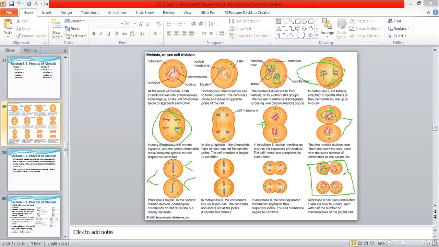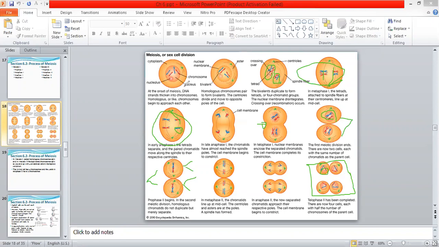And I forgot, the most important phenomenon occurs in prophase 1, which is the crossing over phenomenon, which is responsible for genetic diversity in human beings.